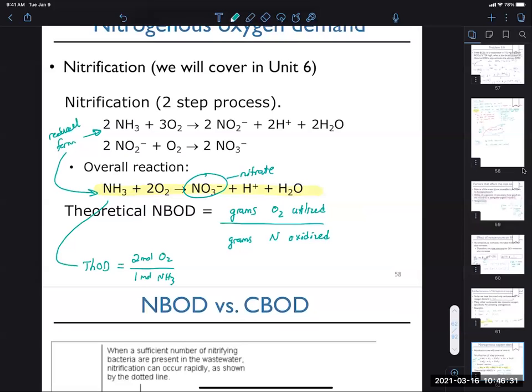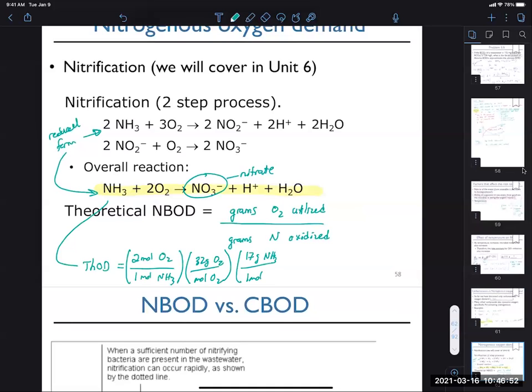the theoretical amount is in grams, not a mole ratio. So I need to account for this. There's 32 grams of oxygen for every mole of O2. And there's 17 grams of ammonia for every 1 mole.